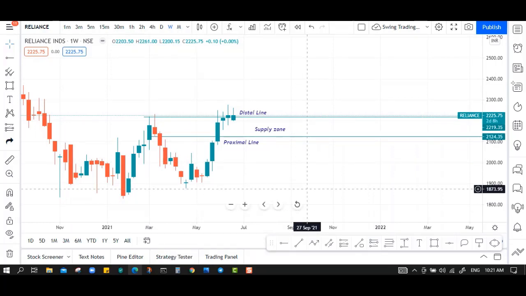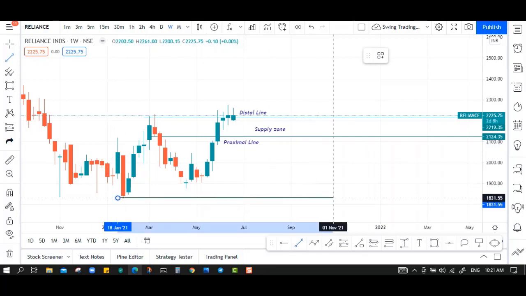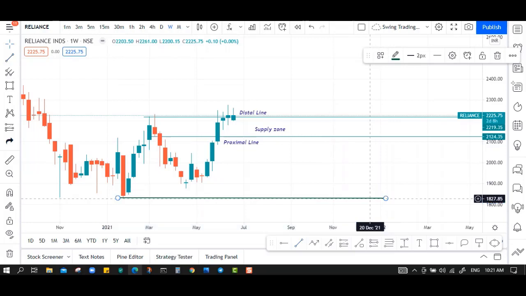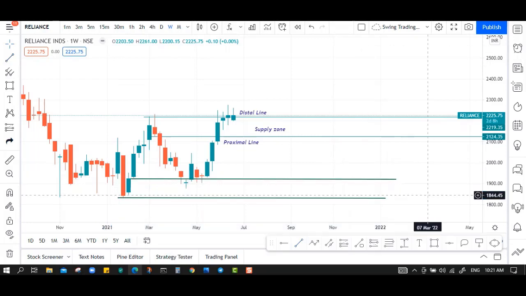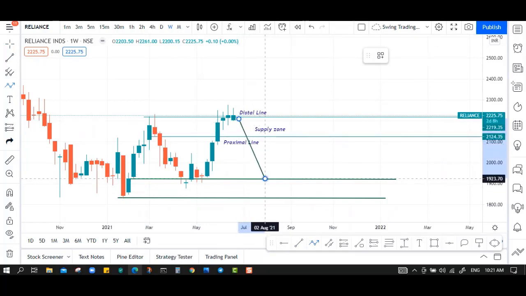If you see the demand zone here, this will be my distal line, right? And this will be my proximal line. So if the market starts falling down here, and if I see any red candle rejection here, then it may touch until here. There is a high chance of the market reaching the 1900 price.